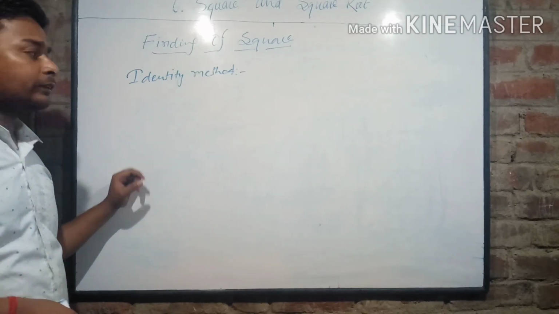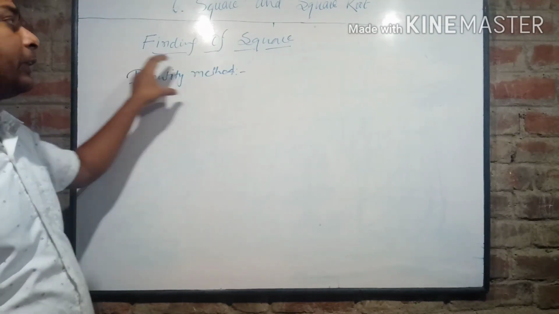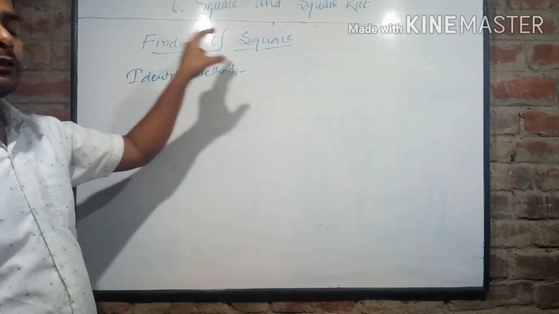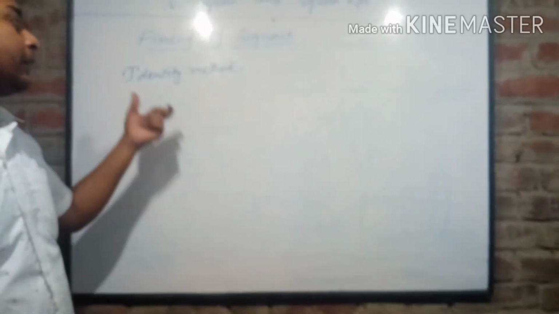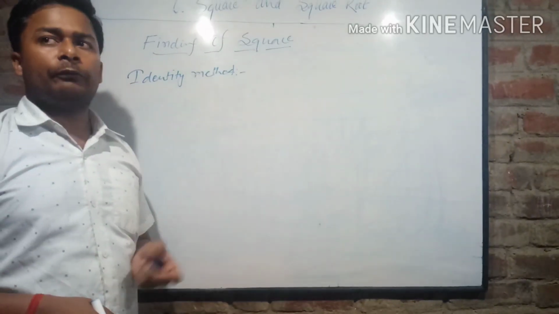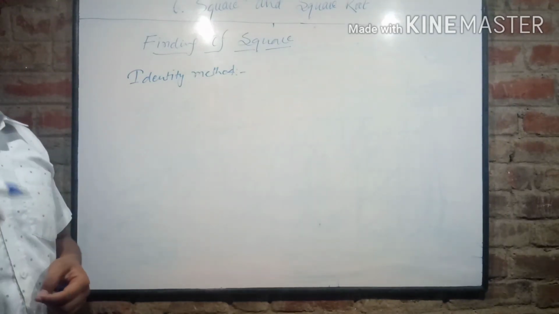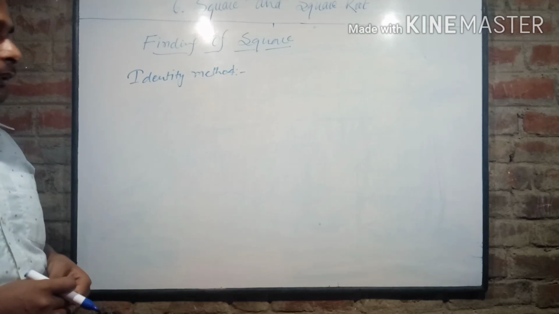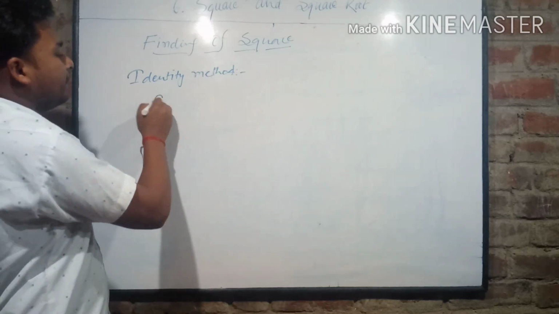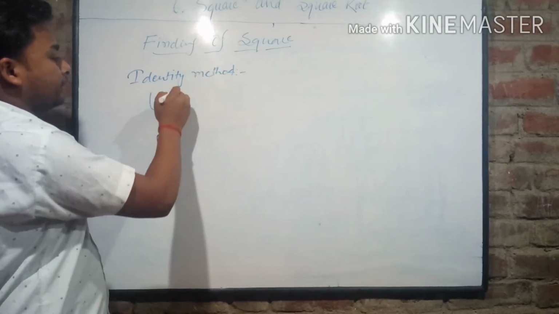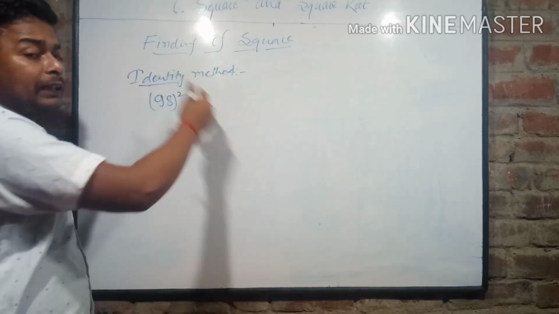Now we will learn the method known as the identity method to find the square of any number. My dear, this method is applicable when the number is converted into a form closest to a tens or hundreds place. Let the example be 98 square. First of all, I will explain what an identity is.